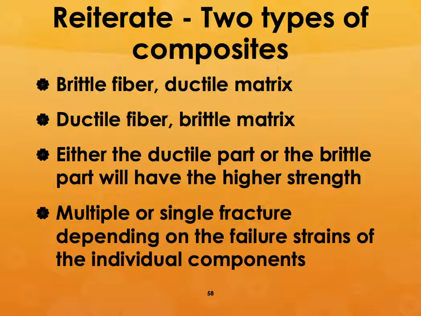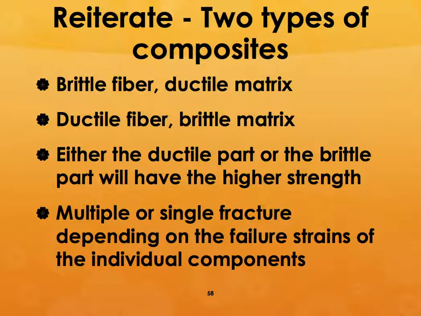The way they described and discussed it is in terms of two types of composites. One is a brittle fiber in a ductile matrix, and the other is a ductile fiber in a brittle matrix. If you ask me, can you have a brittle fiber and a brittle matrix? Yes, you might, but there is no point in doing that.